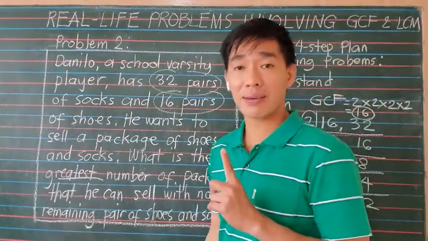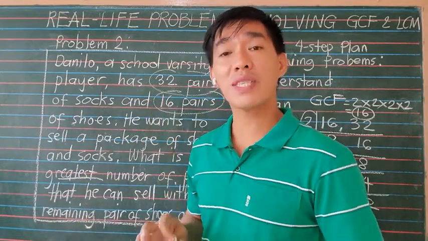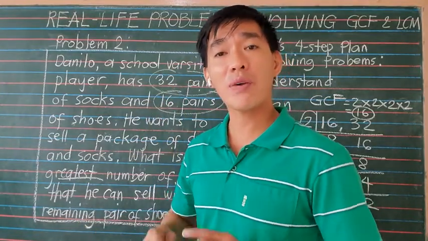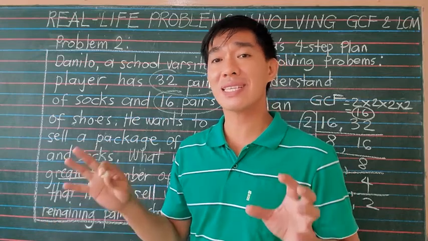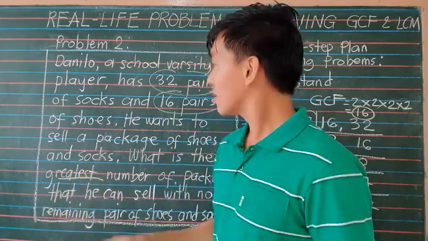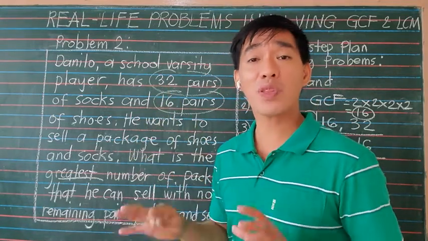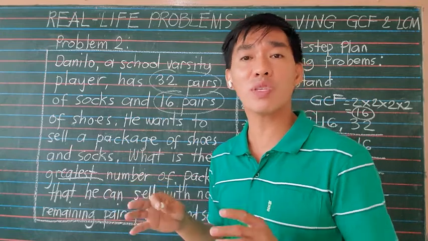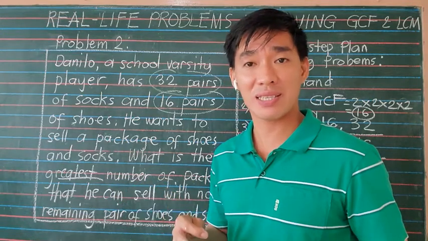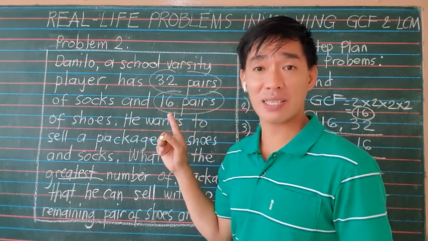Let's try to check. Actually, 16 and 32 are also divisible by 2. However, if you only have 2 packages, that's not the biggest number of packages that Danilo could make. 16 and 32 are also divisible by 4. So Danilo could also make 4 packages. Now, he could also have 8 packages.